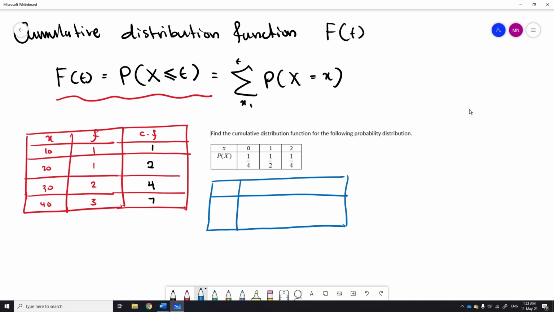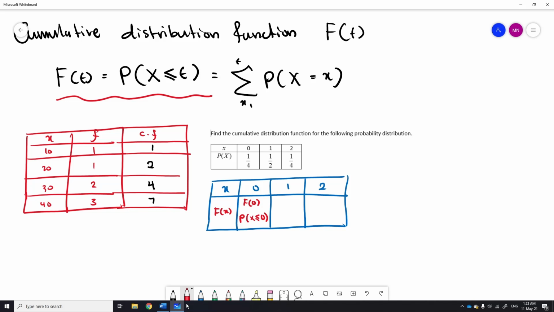We also have x over here, 0, 1 and 2. For the p(x), now it will be changed into F(x). So for F(0), it means the probability of X that is less than or equal to 0.